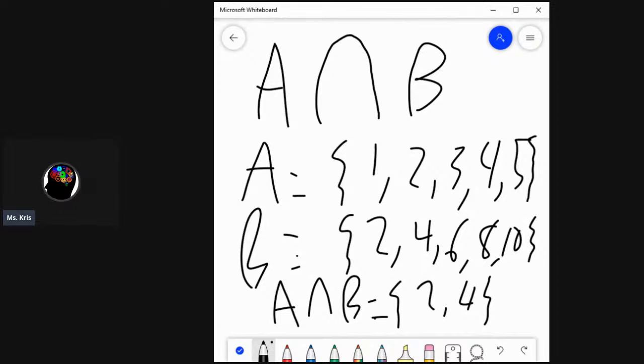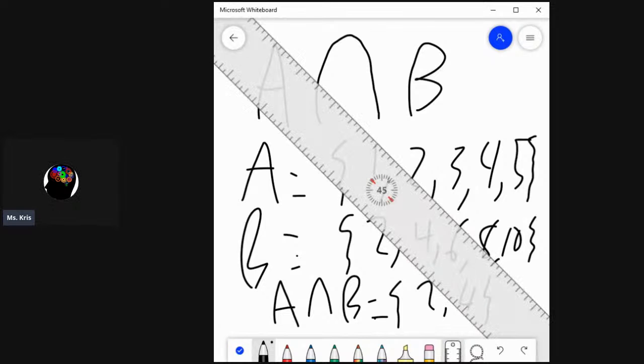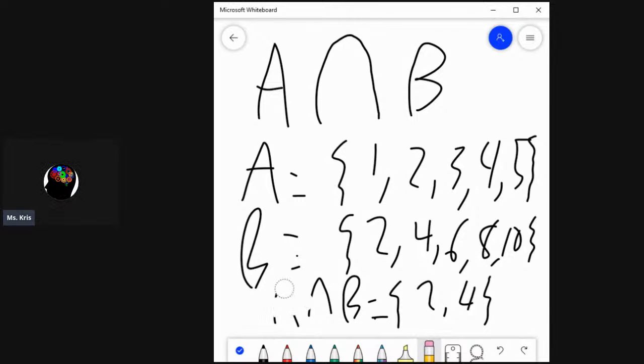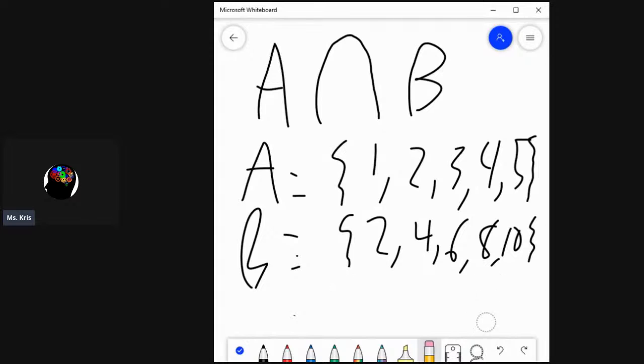Now, the union of these two sets. Typically it is written with the letter U between the first set and the second set. It is always written like this. So the union, if you have guessed it already, if the intersection is what they have in common, the union is what they have all together.